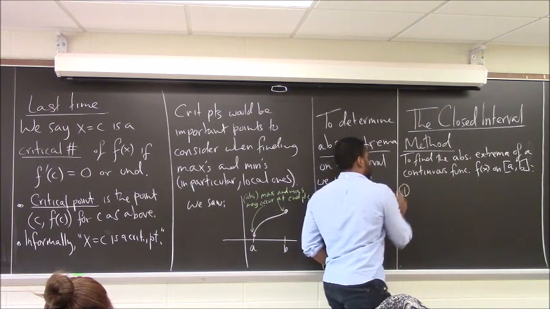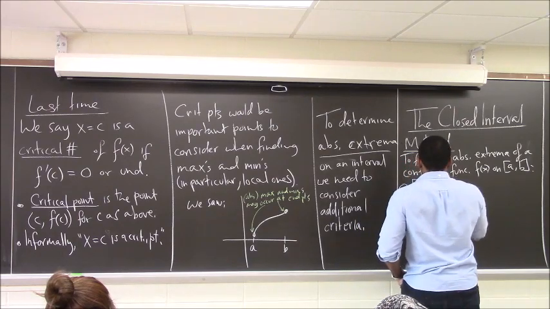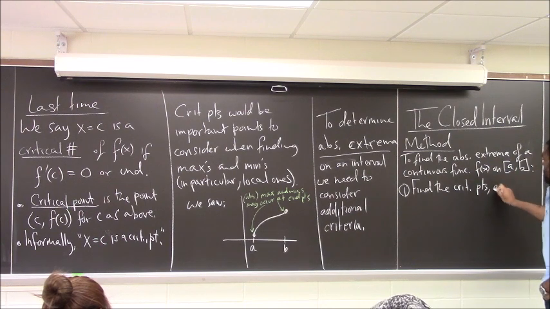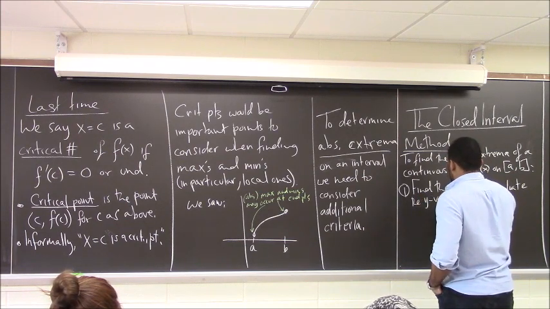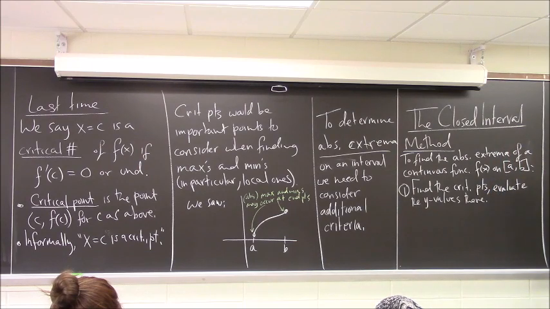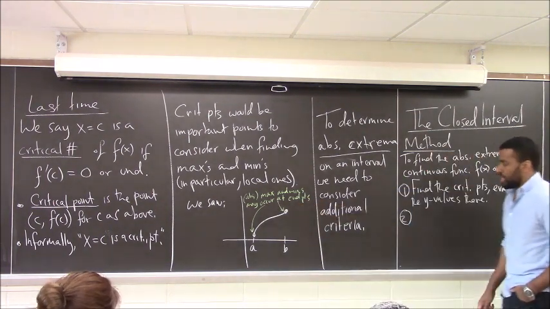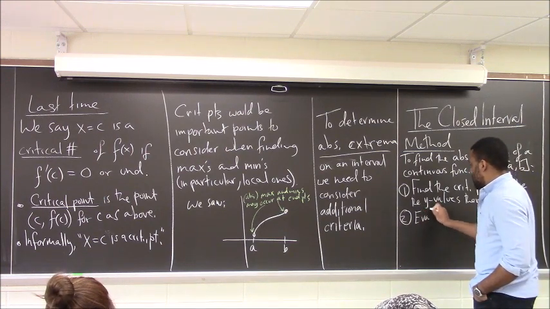It is a three-step method. The first one is to find the critical points, they're still important here, and evaluate the y values there. So the critical points are still critical in this case. Two, to identify when a situation like this is happening, you will evaluate the function at the endpoints.